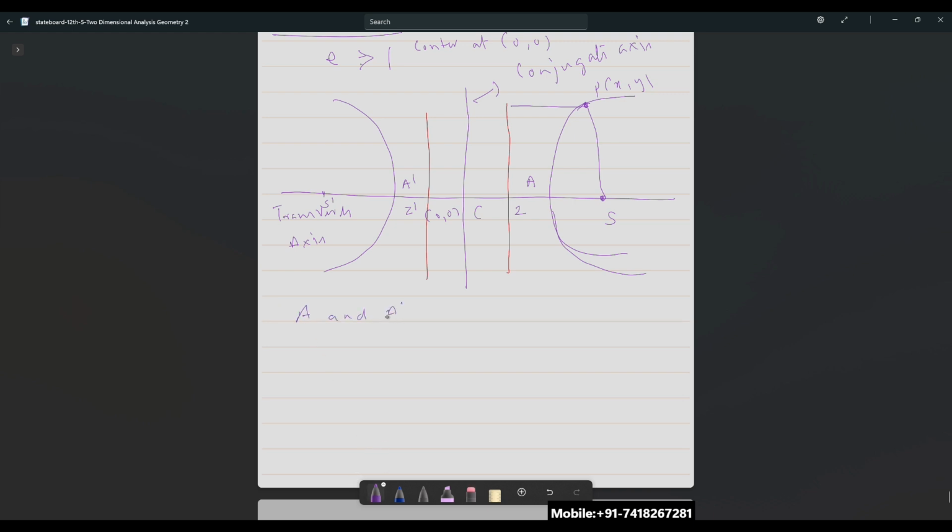A and A dash divide the line segment SZ internally and externally in the ratio e to 1.